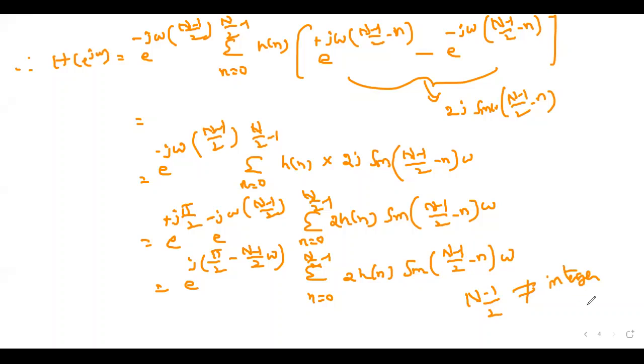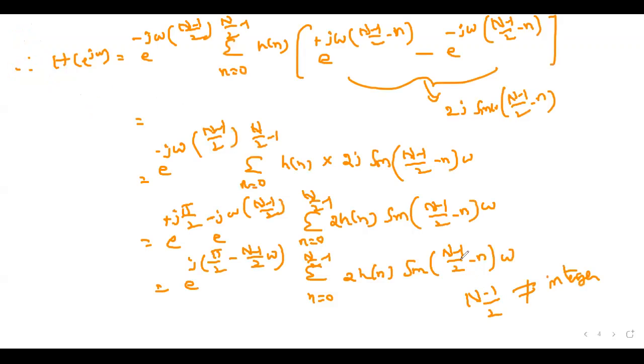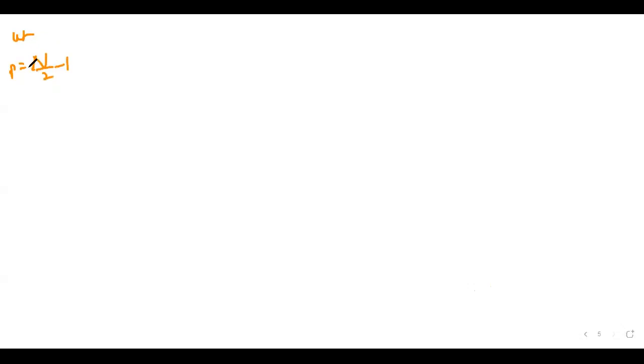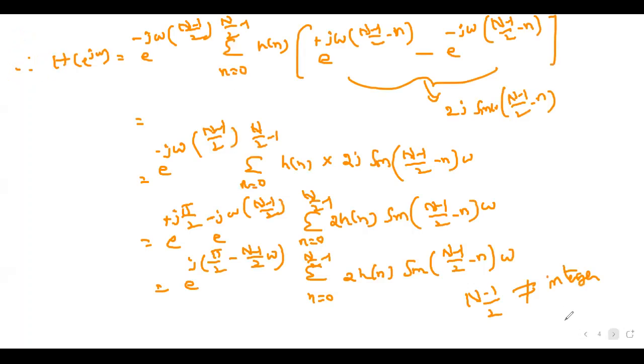So I will replace this value with some other by assuming this p. So I'll shift this value. I'll assume p is equal to N by 2 minus 1. Now, if the p value is equal to N by 2, it is an even value, you will get one integer value minus 1. So in total it will give a minus value only.